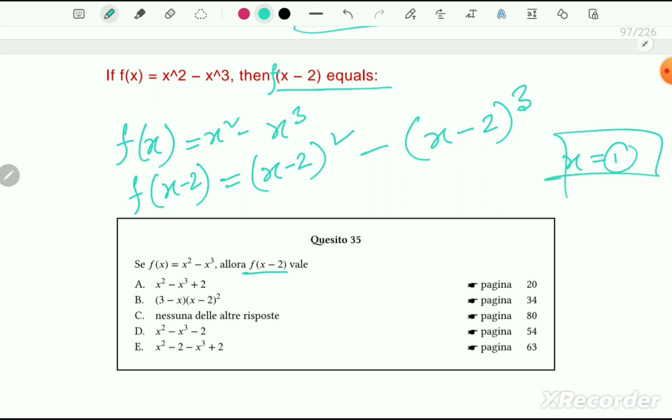If value of x is 1, then this function gives us 1 minus 2 minus 1, so 1 minus, here it gives negative 1, therefore 2.